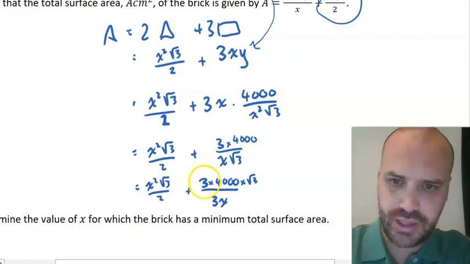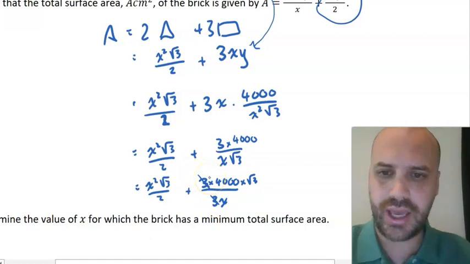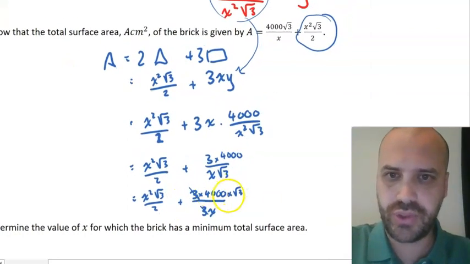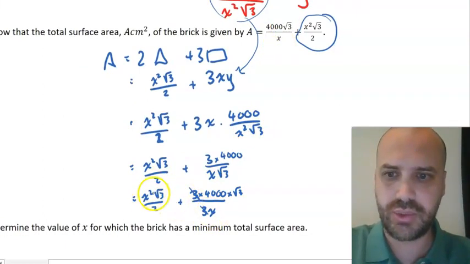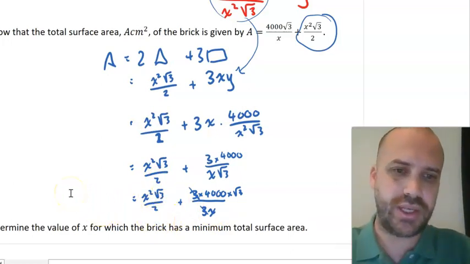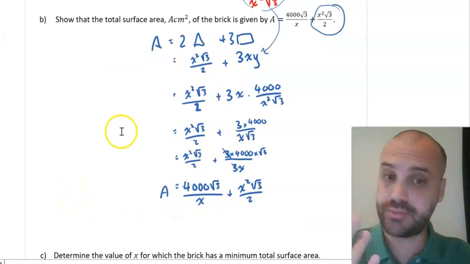And of course, you can see here that 3 and that 3 will cancel each other out. And we end up where we were supposed to end up, which is 4,000 times root 3 over x plus x squared root 3 on 2. All right, probably one more line here to neaten it up. All right, so that's pretty decent.